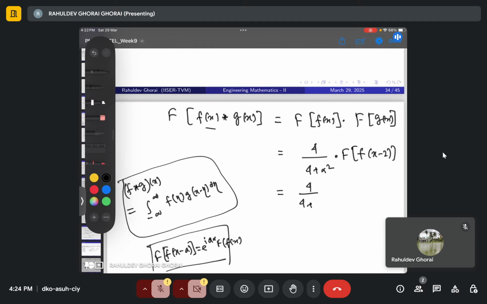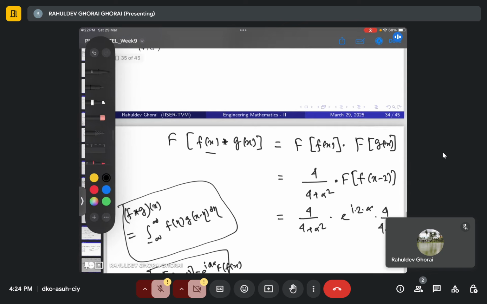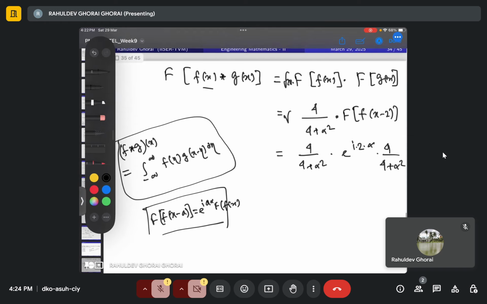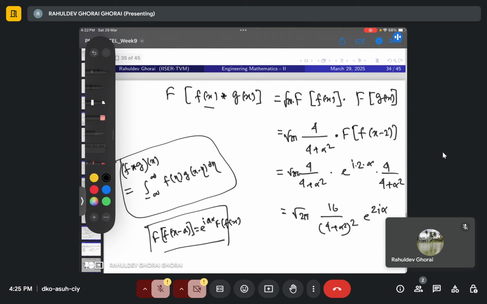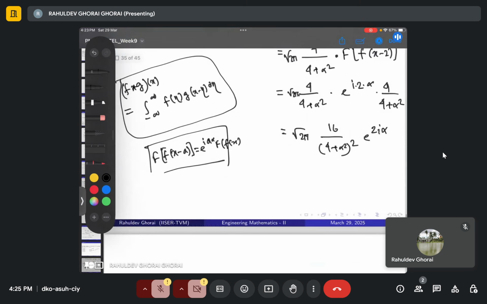So 4 over 4 plus alpha square times e to the power 2i alpha. The square root of 2 pi will also be there, giving 16 square root of 2 pi over 4 plus alpha square whole square times e to the power 2i alpha, which you can write as square root of 2 pi over 4 plus alpha square whole square times e to the power 2i alpha.